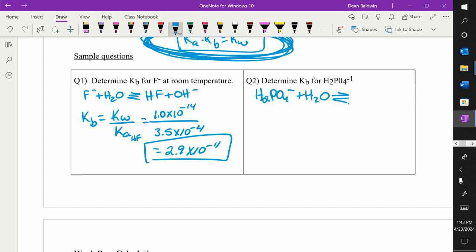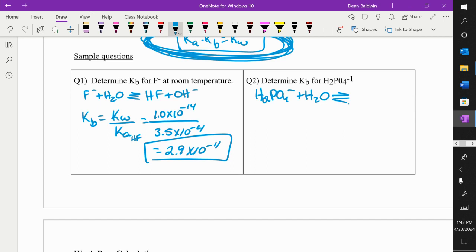Kb for this. So we throw H2PO4 minus into water. Everything's in water. Everything that we do is in water. What happens? What loses a proton? So the H2PO4 loses a proton. What are they asking for? Kb. What does that mean? It's a base.